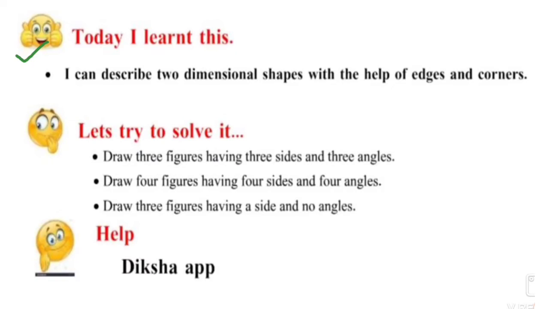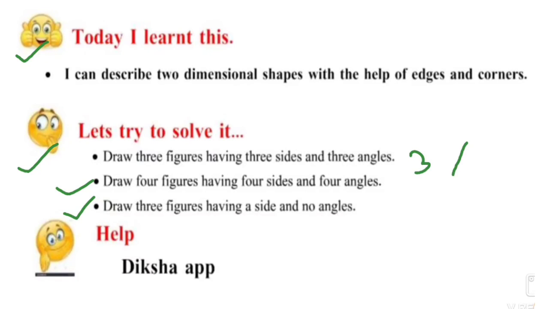Yes, very good. Let's try to solve it. Draw 3 figures having 3 sides and 3 angles. Draw 4 figures having 4 sides and 4 angles. Draw 3 figures having a side and no angles. Understood? You have to draw 3 figures having 3 sides and 3 angles. It means you have to draw 3 triangles.